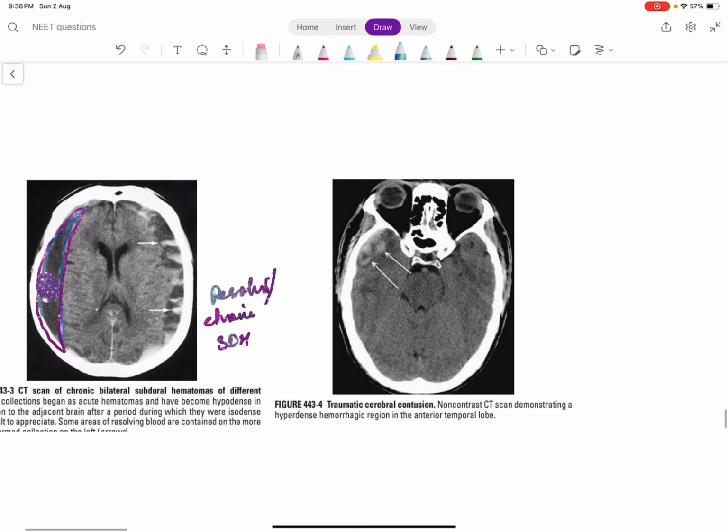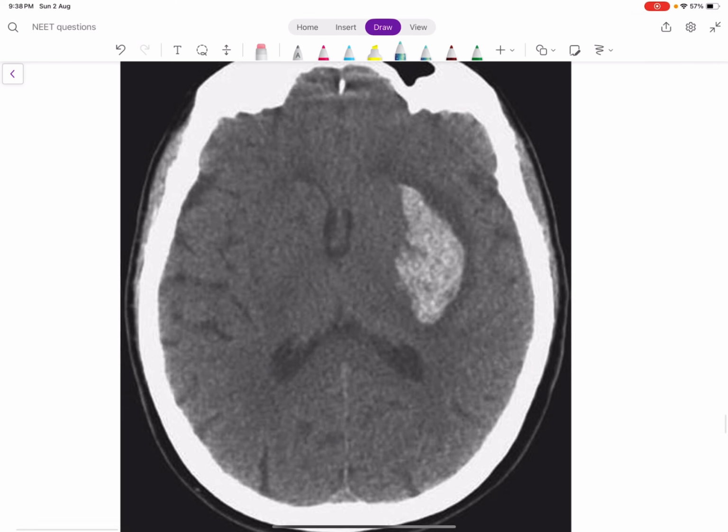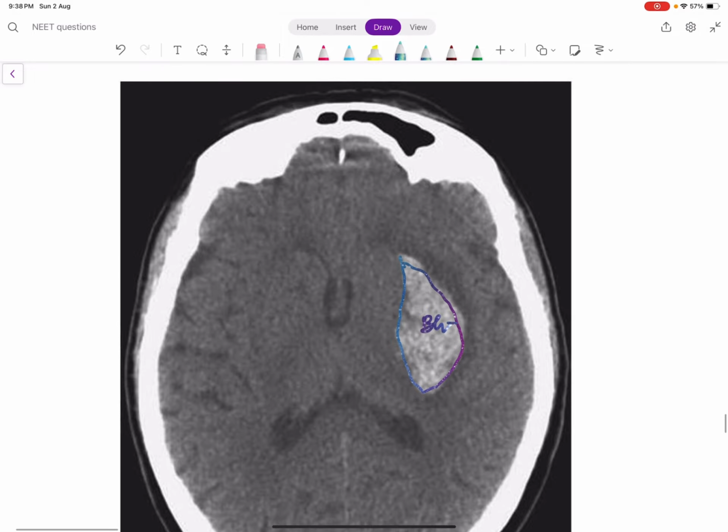Now what is this? This may look like an intracerebral hemorrhage, ICH. But see, we discussed earlier that hypertensive hemorrhage occurs in 3 places. One is the basal ganglia, it may occur in the pons or in the cerebellum. So this is a hypertensive bleed.